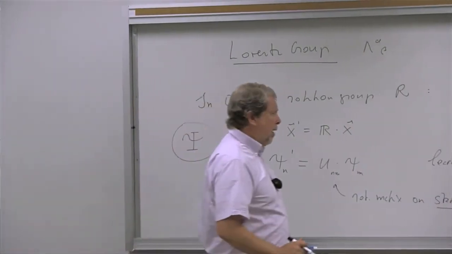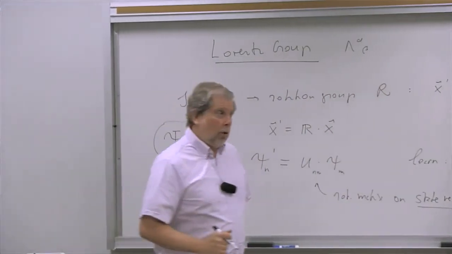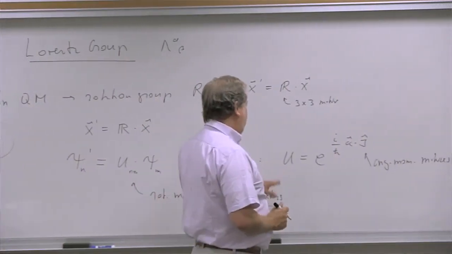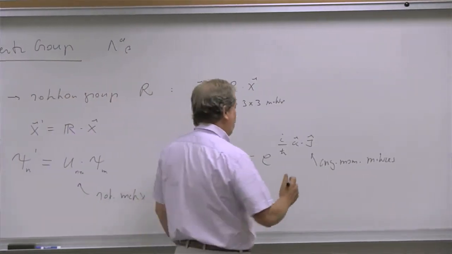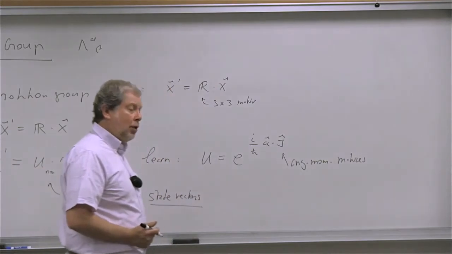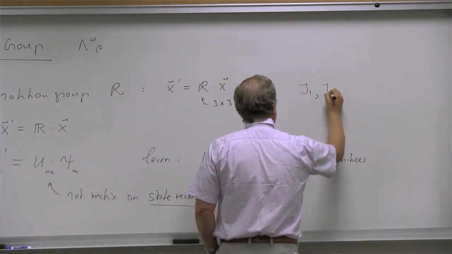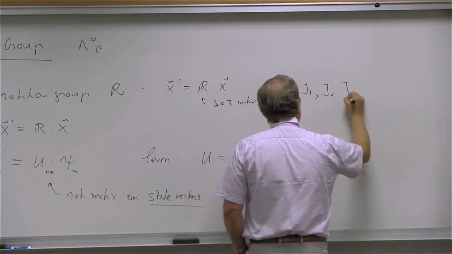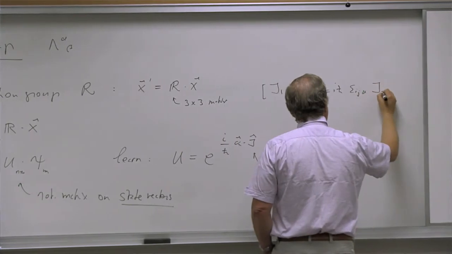And remember that. We also learn that the rotations are such that the angular momentum has to satisfy a certain algebra, which is, of course, the algebra of the angular momentum itself, which says that [J_i, J_j] is equal to i h bar epsilon_ijk J_k.